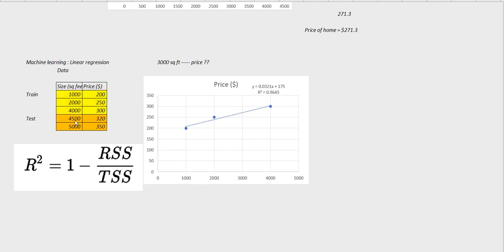So I will pass this testing data into this particular model, and check what is the gap between the prediction and the actual value. On the basis of that I will calculate the R square, and R square will give me the idea of the accuracy of this model.